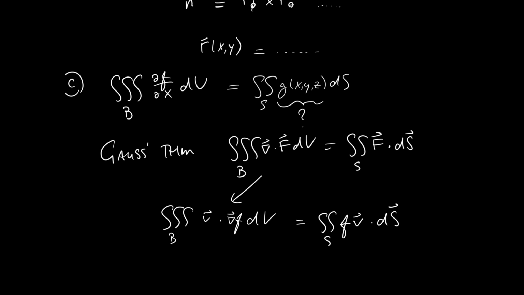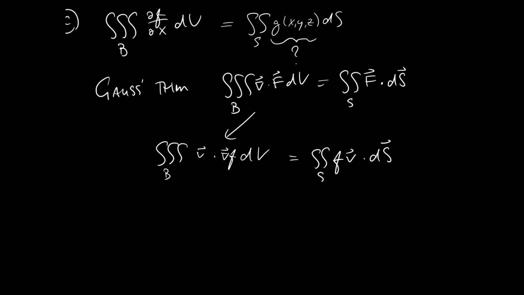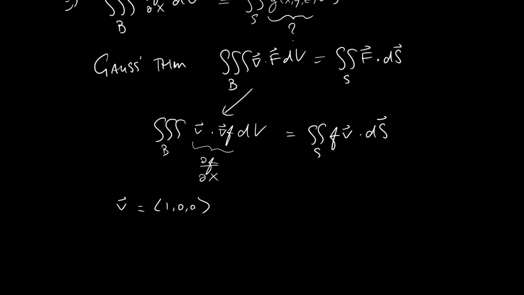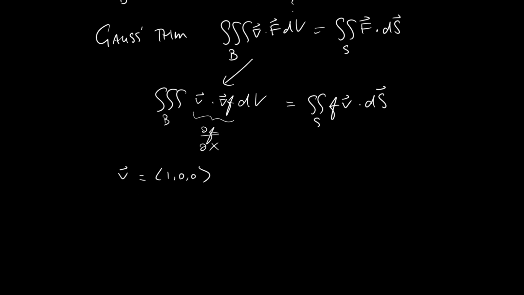All right, of course, what we want from this part is for this to be equal to the partial derivative of f with respect to x, and we can achieve that by choosing a vector v equal to the vector (1, 0, 0). So let's choose v as (1, 0, 0) and see if we can arrive at a final integral equation. The triple integral over region B then becomes, well, the first component times the gradient gives me the partial derivative of f with respect to x.